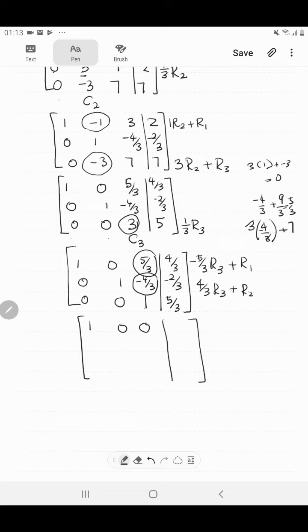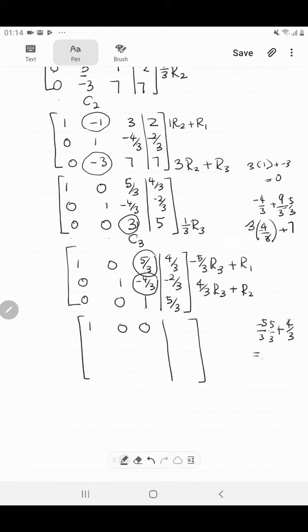Now for the last element, the side work will be what happens when you have negative 5 over 3 times row 3, which is also 5 over 3, and then add to row 1, which is 4 over 3.